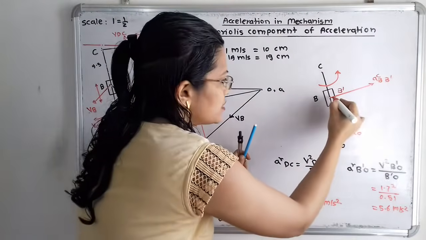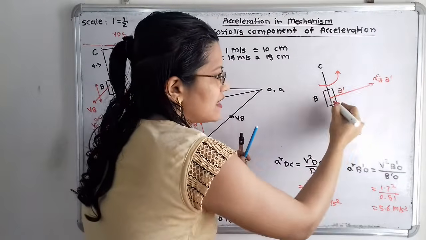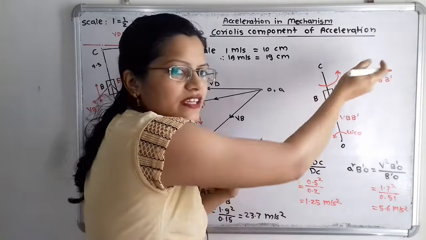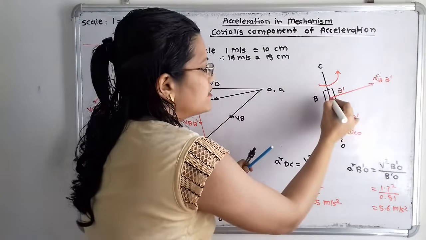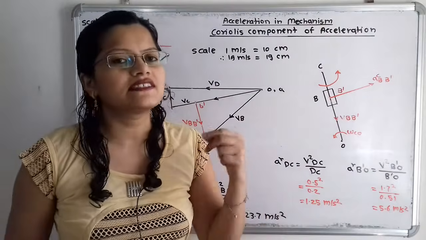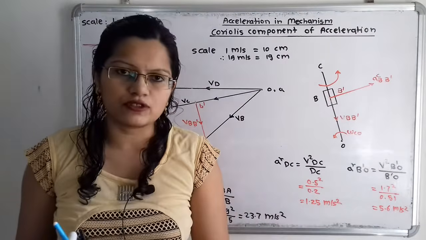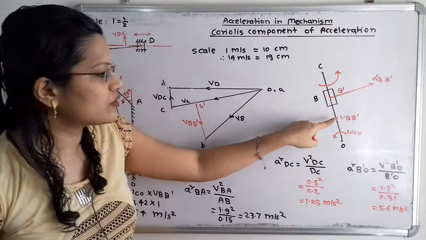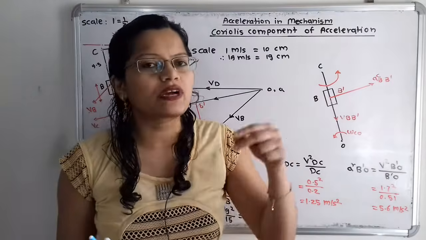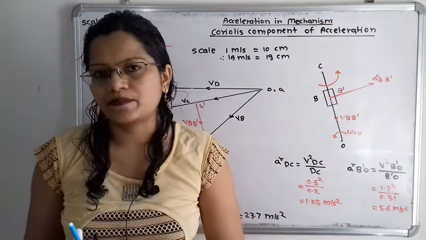In this way we draw the line for the Coriolis component of acceleration, towards the right hand side from point B. This is the tip to avoid confusion. For any direction of velocity and any direction of omega, you can apply this trick.